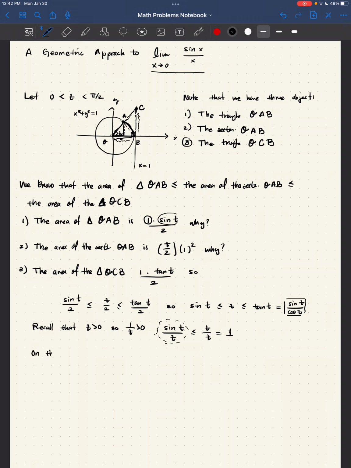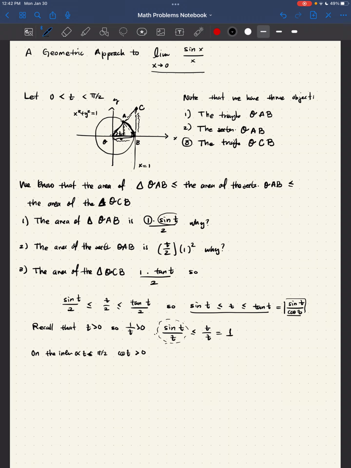On the interval t from 0 to pi over 2, cosine of t is also positive. So, what do we have? We can multiply this whole inequality, right, by cosine of t, and we will obtain the following.